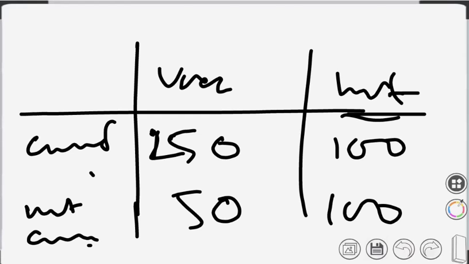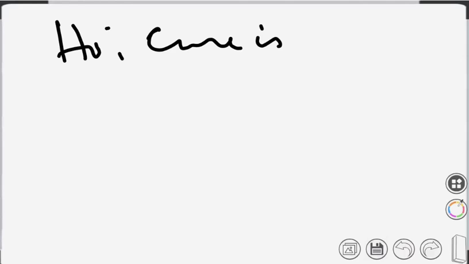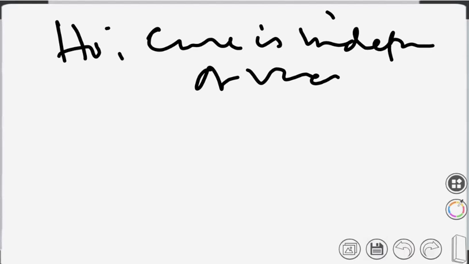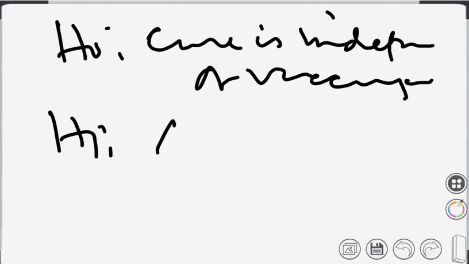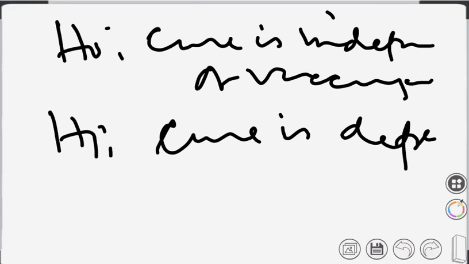So H naught: cure is independent of vaccination. And the alternate hypothesis: cure is dependent on vaccination. So this is how we write down the null hypothesis and alternate hypothesis.